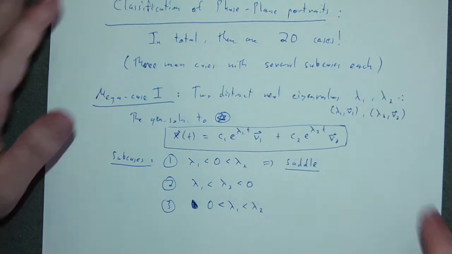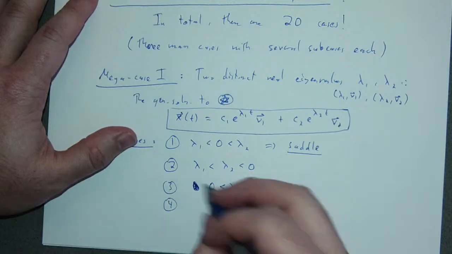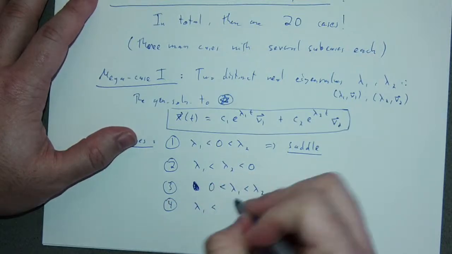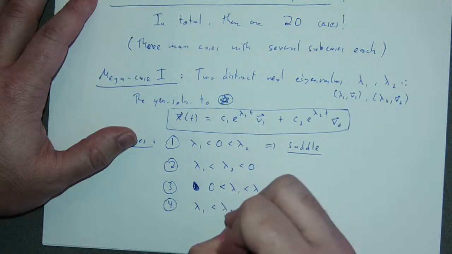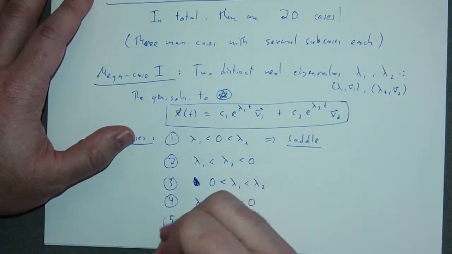What are the other possible configurations, right? One could be 0 and the other negative. One could be 0 and the other positive.